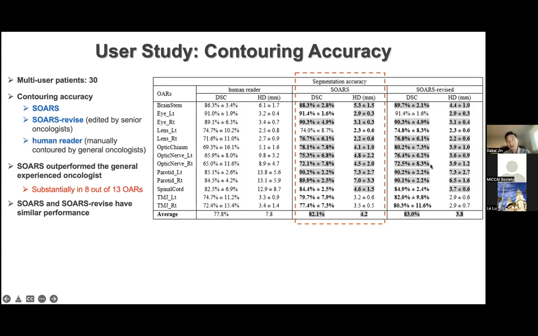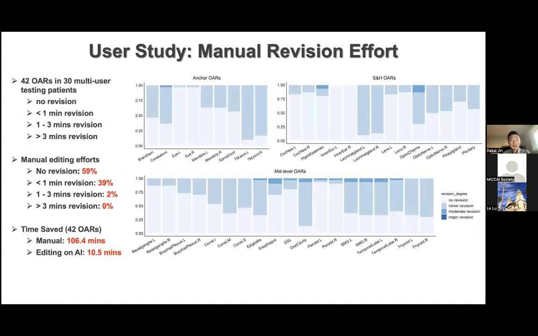And comparing source and source revised, we didn't see a very clear performance difference, which indicates that the AI model, the source performance, is already pretty close to the senior physicians, or fits the physician's needs.